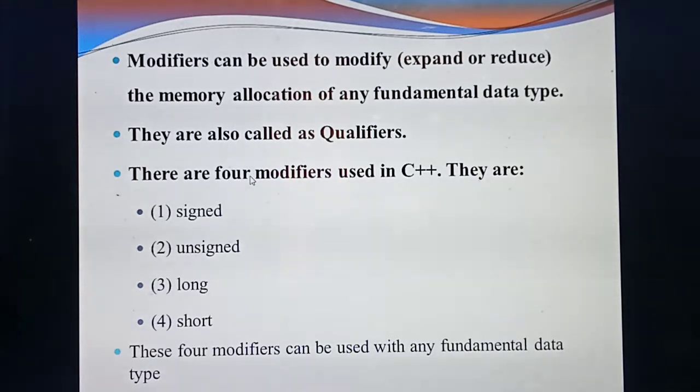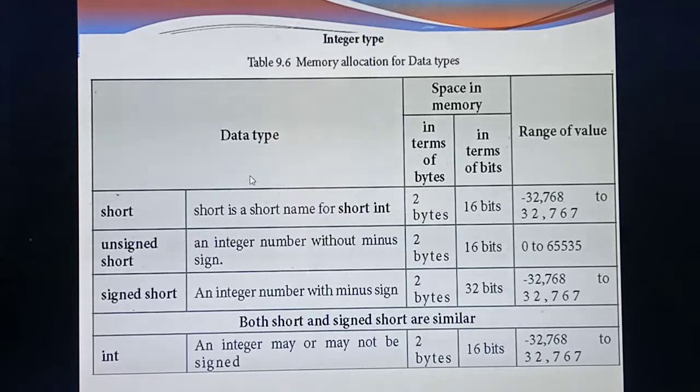Understood? Next we are going to study memory allocation for modifiers. First, for the integer data type, what are the modifiers? First just read it. The first modifier is short. Short means normally int.